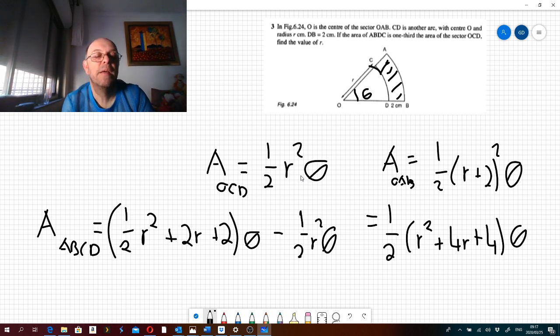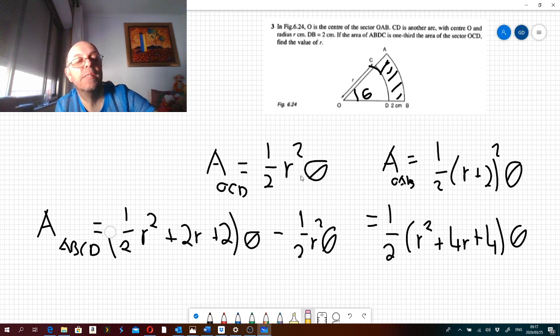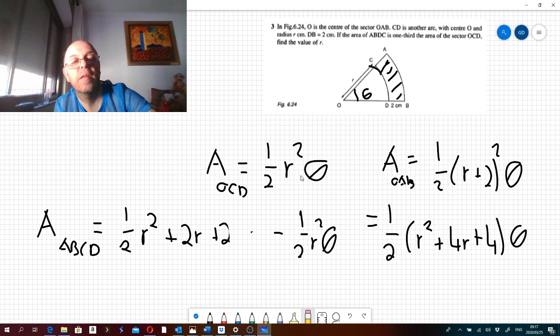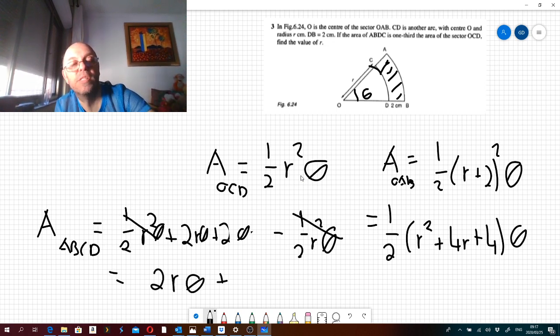If I multiply the theta into the brackets, and I'm going to do that by removing the brackets here, we know that all of these will have theta with them. So the half r squared theta minus half r squared theta over here will disappear because we subtract, and we're left with just 2r theta plus 2 theta.